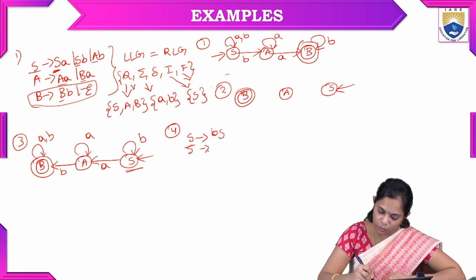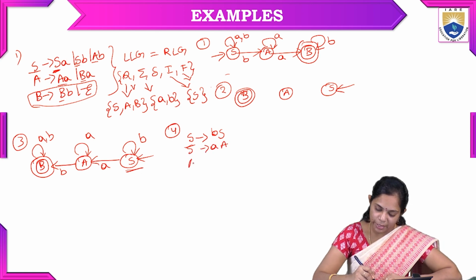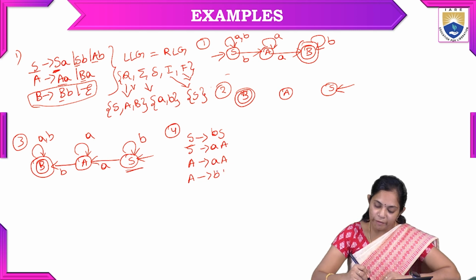So S tends to A, it is reaching the state A, and from A state, whenever we are giving A as an input symbol, it is reaching the self loop, so A state. And from A state, whenever we are giving B as an input symbol, it is reaching the final state.